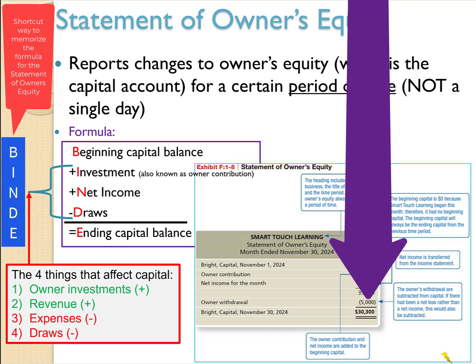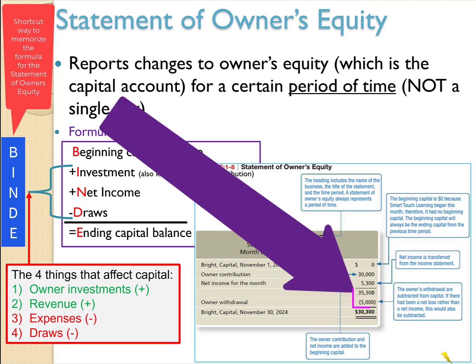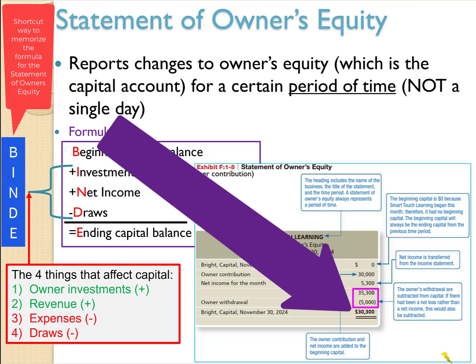So let's look at the statement of owner's equity for Smart Touch Learning. It looks like the owner withdrawals were $5,000, and the parentheses, remember, means that they are subtracting it. And again, for me, it's okay if you use a minus sign instead of parentheses.